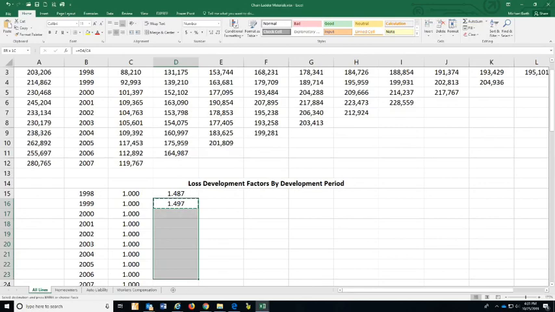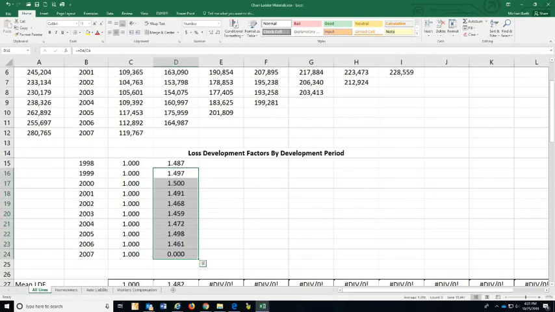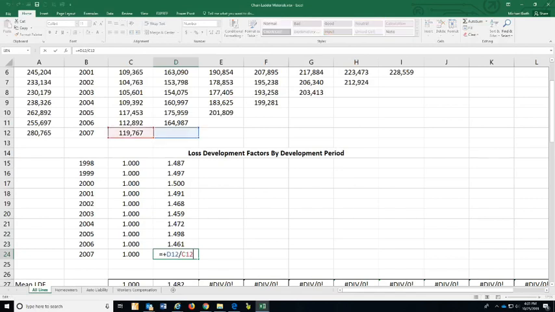In fact, I can copy this down, and I'm going to get a zero or an error message here for the latest year, 2007, because as of the date of these statements, they don't have 2008 statement data. Okay? So that's the reason that we're only using 1998 through 2007, that's the data set I have. All right.